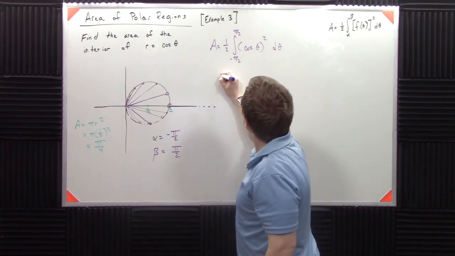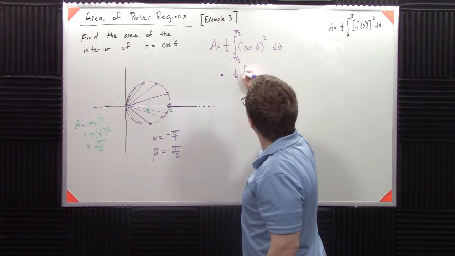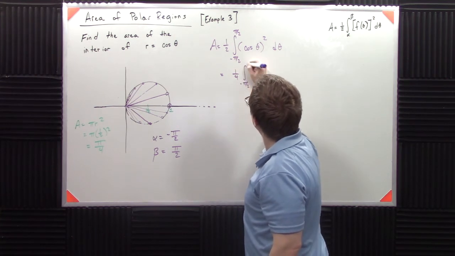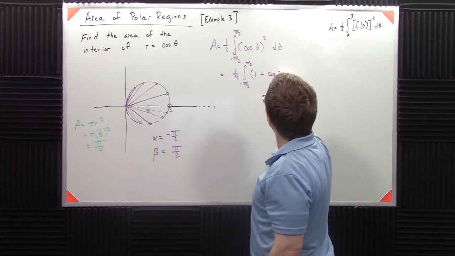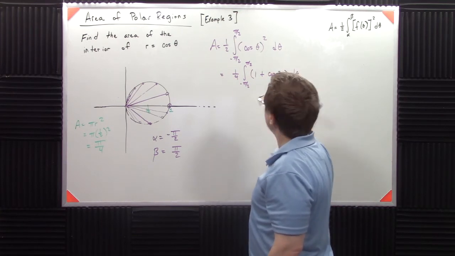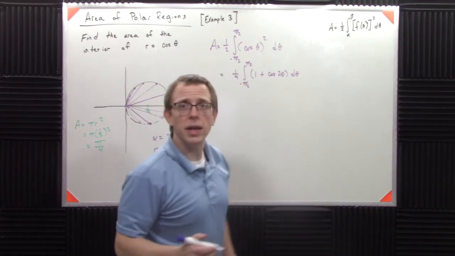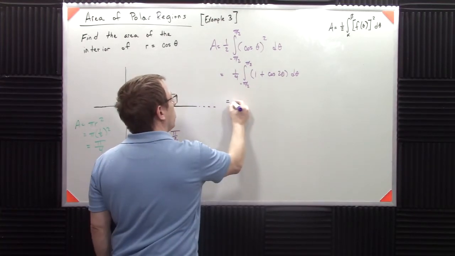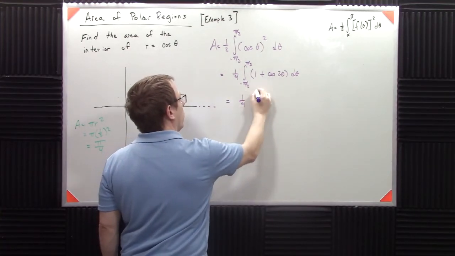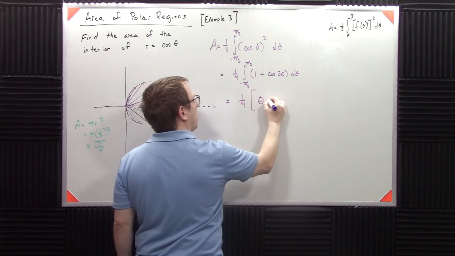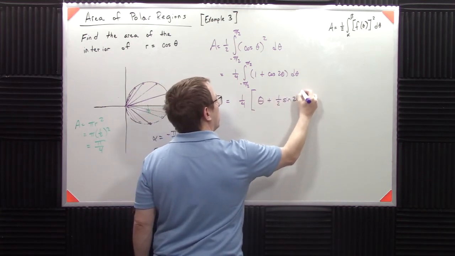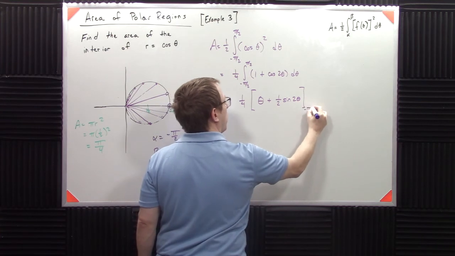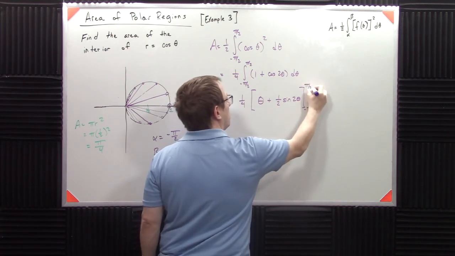We're going to end up with 1/4 from negative pi over 2 to pi over 2 of 1 plus cosine 2 theta d theta. When I take the antiderivative here, I'm going to get 1/4 theta plus 1/2 sine of 2 theta from negative pi over 2 to pi over 2.